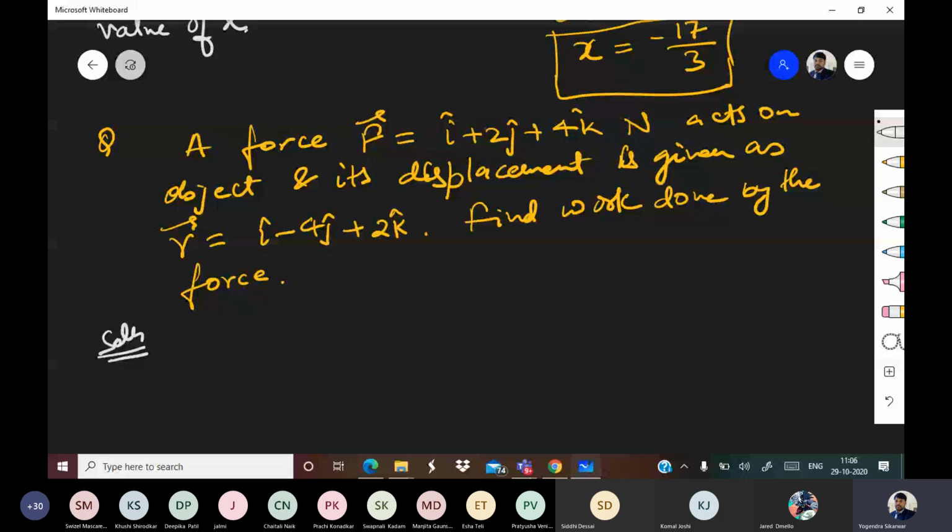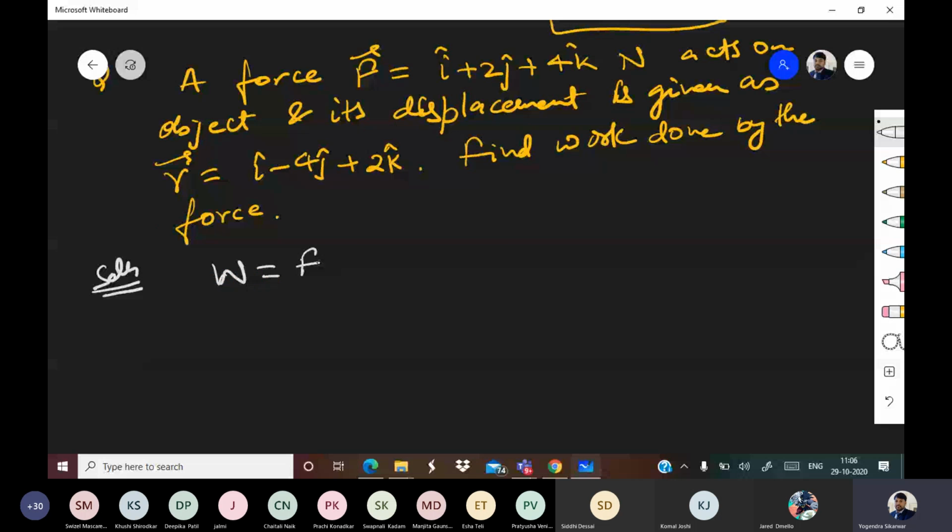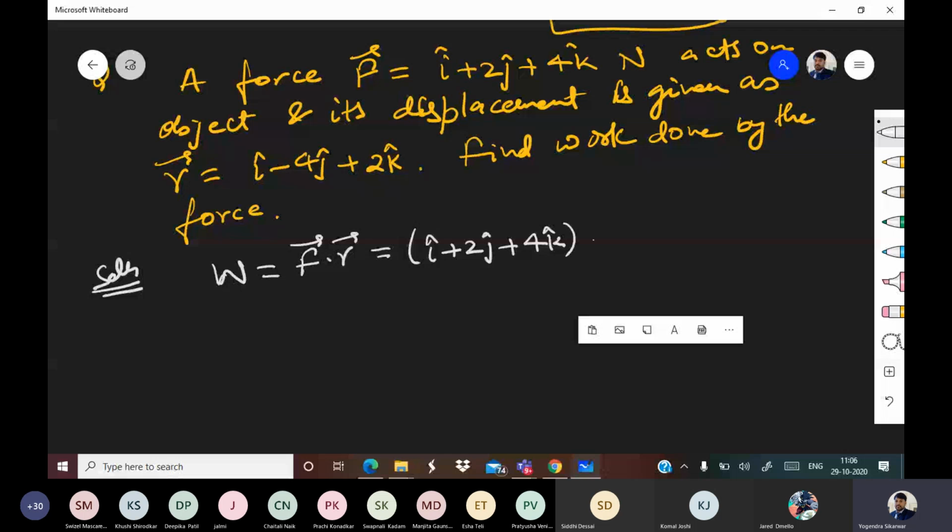So W will be F vector dot R vector. F is i plus 2j plus 4k. R vector is i minus 4j plus 2k.